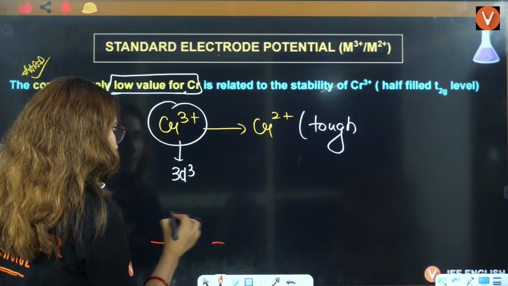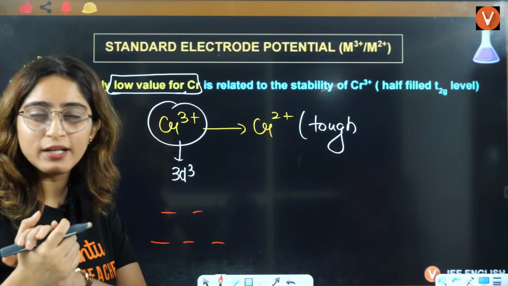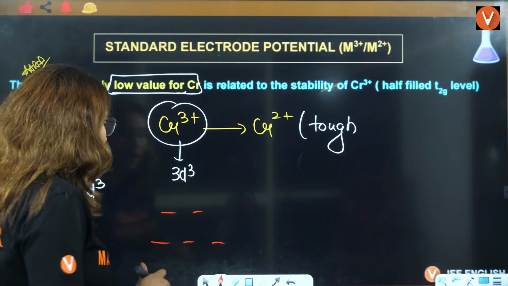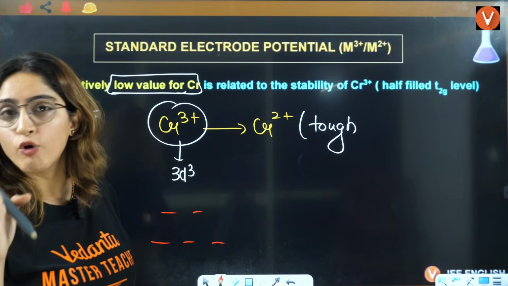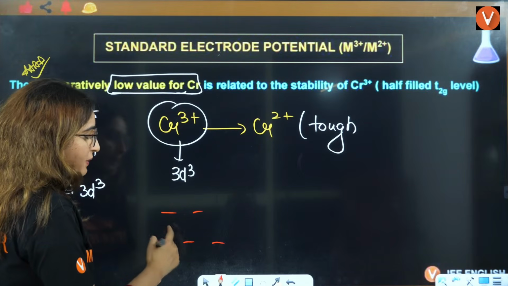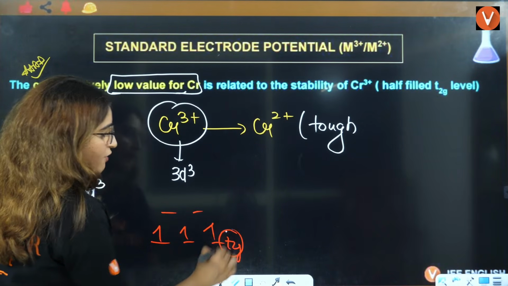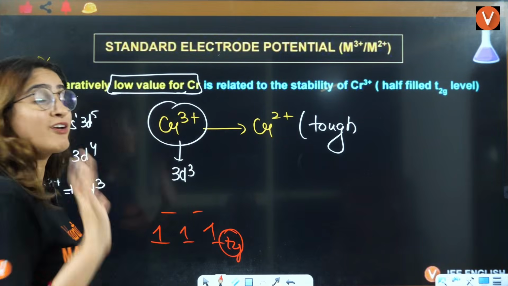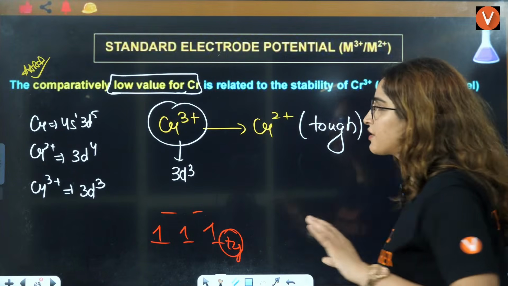The 5 degenerate d orbitals are split because of crystal field splitting, which we will discuss in coordination chemistry. It splits into 2 parts, and that T2G level makes it highly stable. So this is one of the very important questions: chromium 3 positive is 3d3.